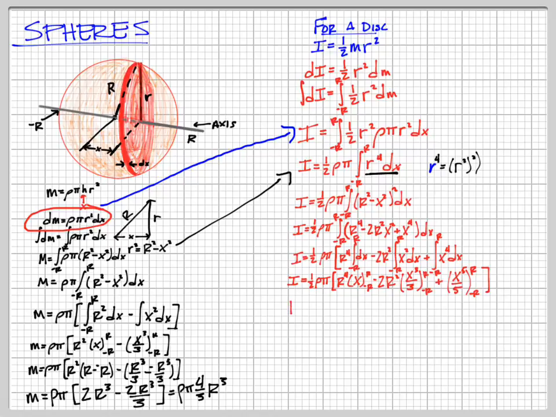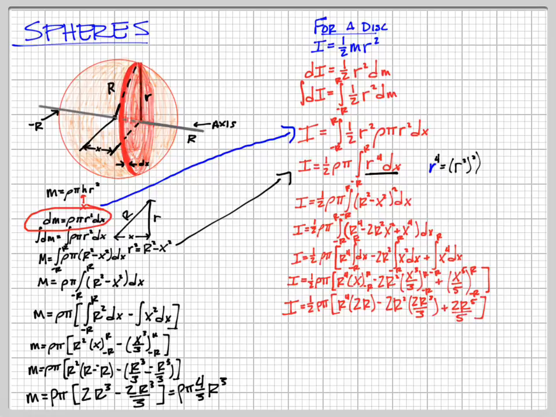And we plug the limits in for each one, cancel out the negative signs. Again, I'm going fast. Don't worry about how fast I'm going. You can always pause it. So that is going to be 2r, and then it's 2r squared times 2r cubed over 3 plus 2r to the fifth over 5.